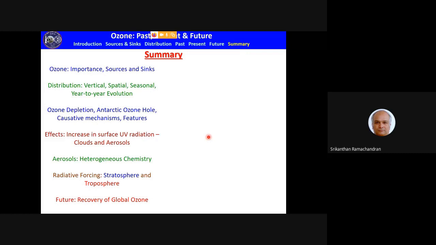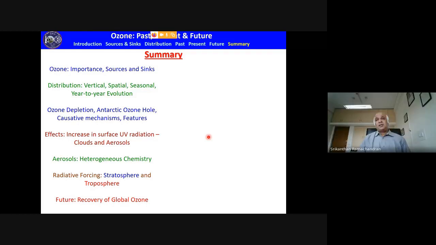And then in terms of the impact on climate or the radiative forcing, we looked at the stratospheric ozone, which is decreased, causing cooling, while the increases in the troposphere, due to the increases in anthropogenic emission, contribute to a warming.